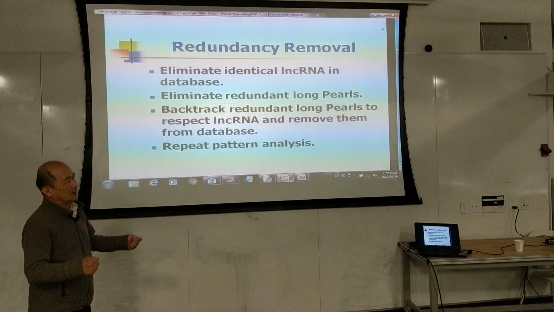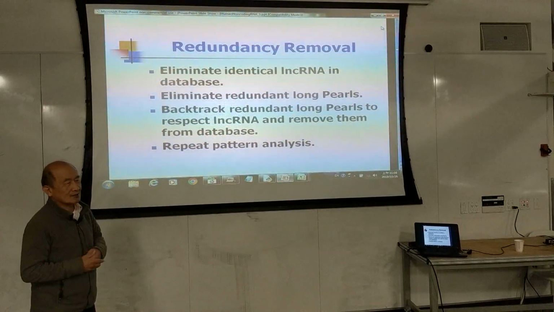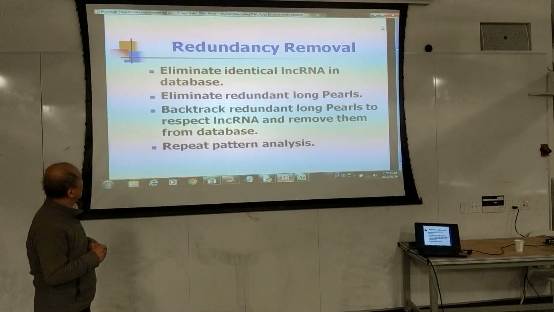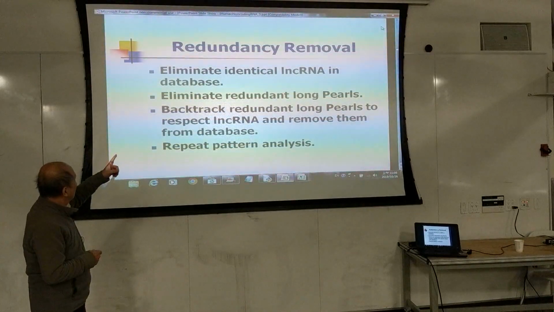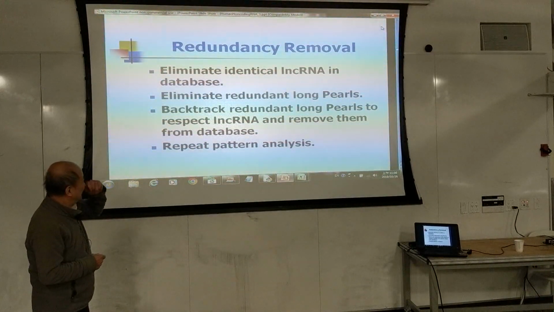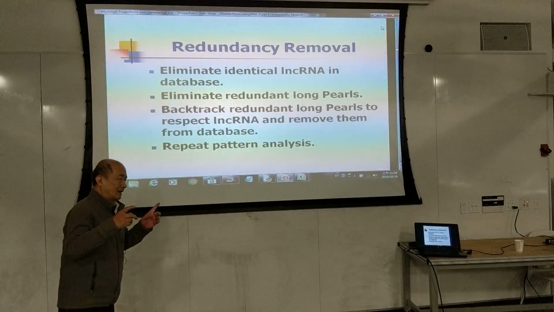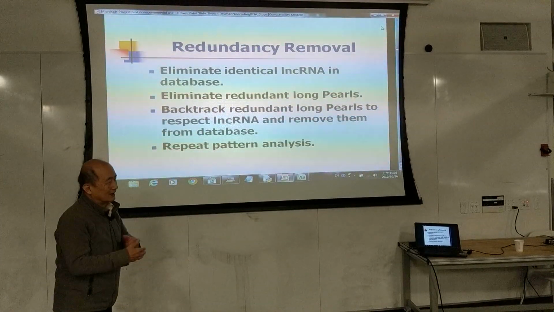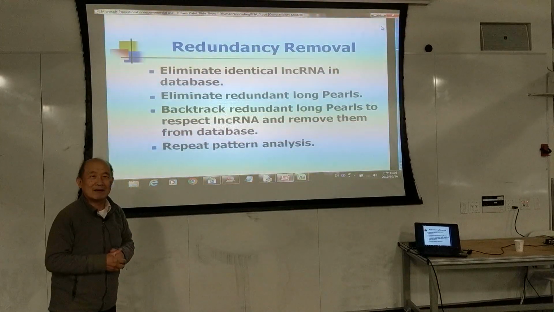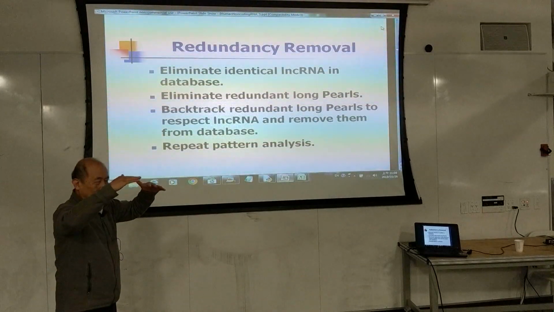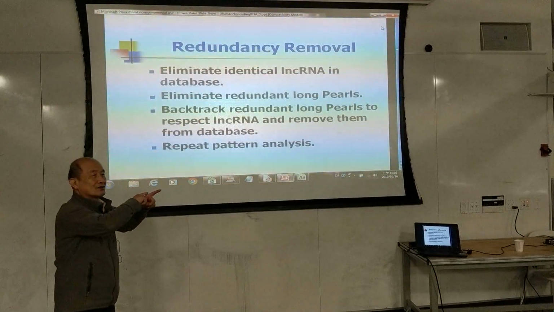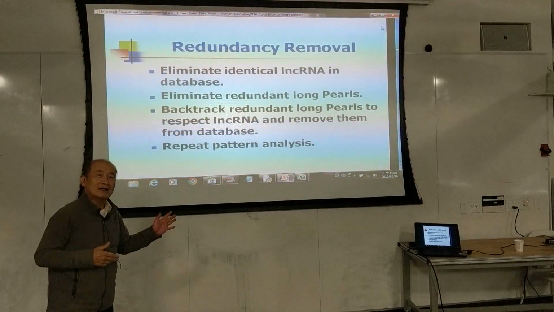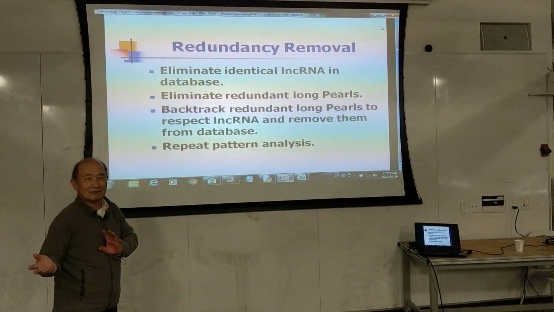You just can't find it. If everything begins at the same point, I can say, okay, look at the first 200 nucleotides. If two RNAs have the same sequence for 200 nucleotides from the beginning, then I can find them very easily. If they are spaced by one, I'm out of luck.